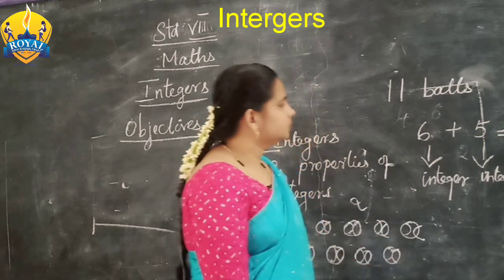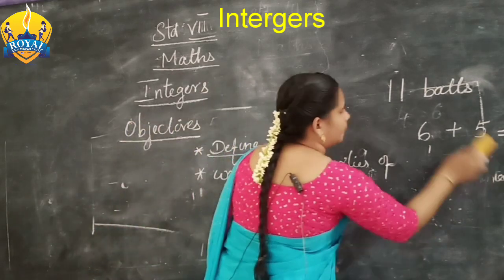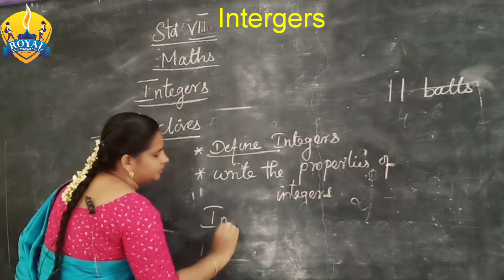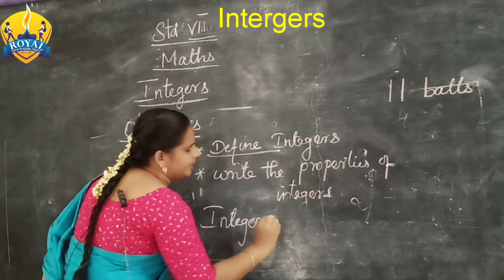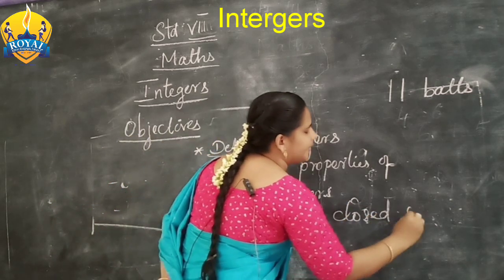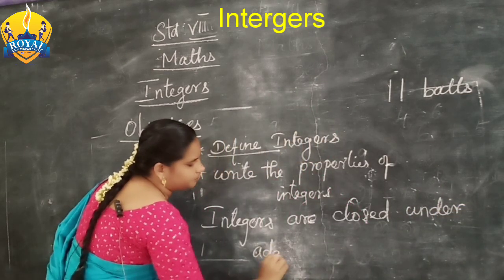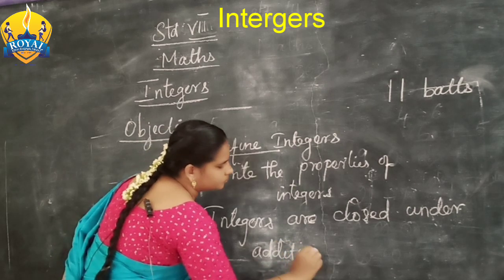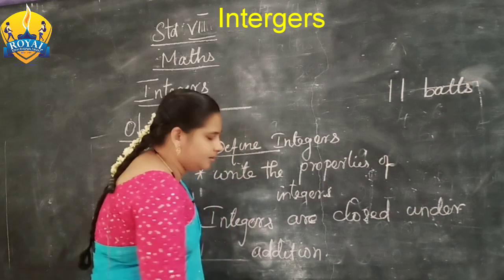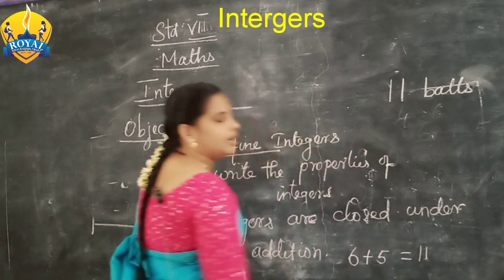So integers are closed under addition. 6 plus 5 is equal to 11.